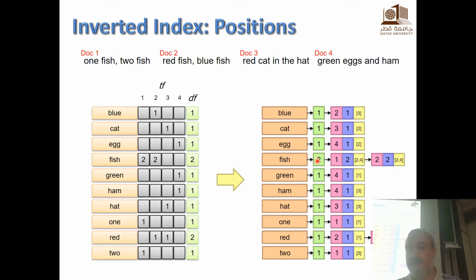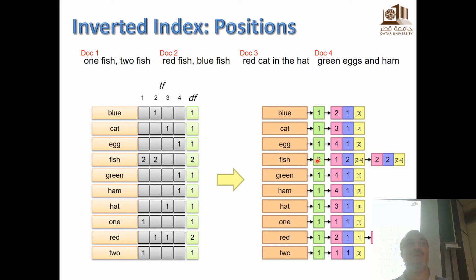Now sometimes also we need to keep track of where exactly the terms appeared in the document. Two terms appearing very close to each other in the document might be a very important signal. If these 2 terms appeared in the query, that is of higher strength than 2 terms that appear very far apart in the same document.